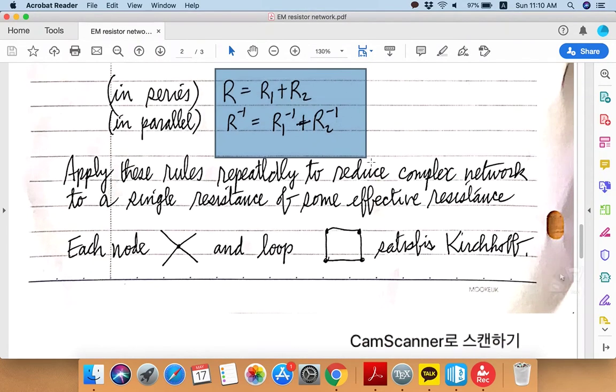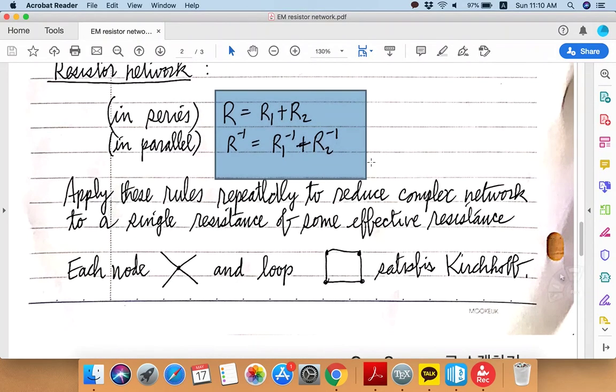Okay, so this is the basic rule that we're all familiar with, and we had some experience solving for the effective resistance of resistor networks consisting of maybe 3, 4, or 5 individual resistors.